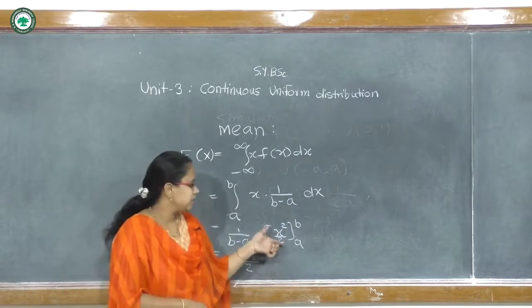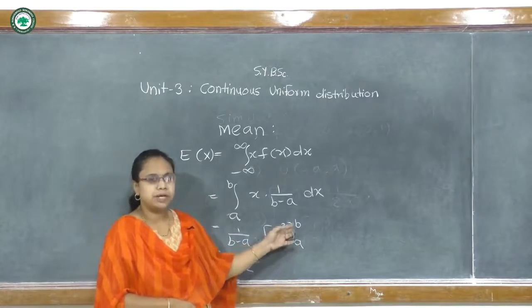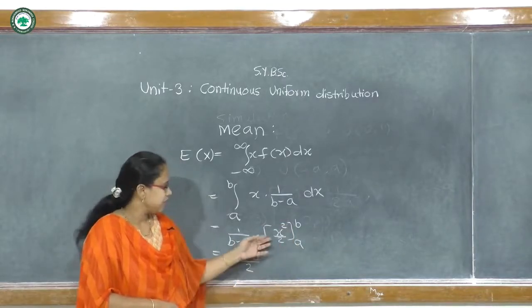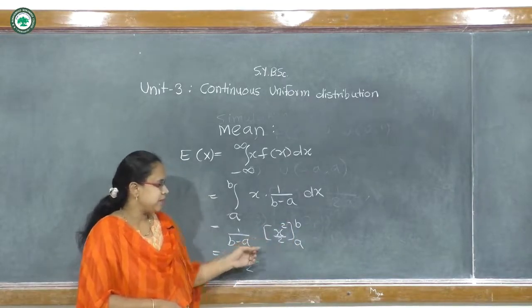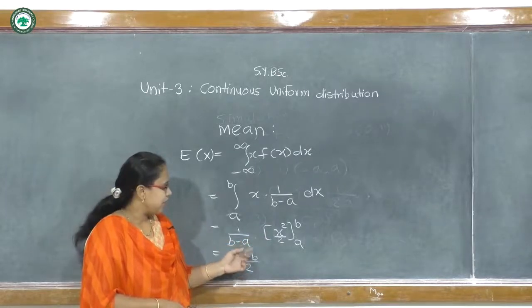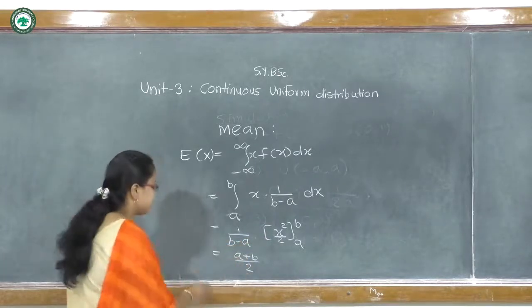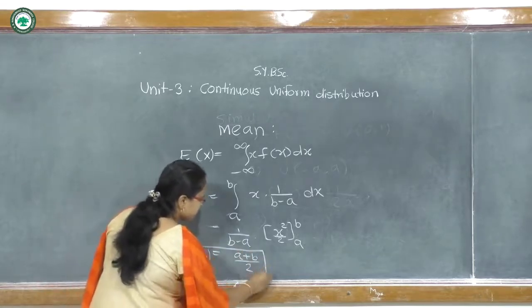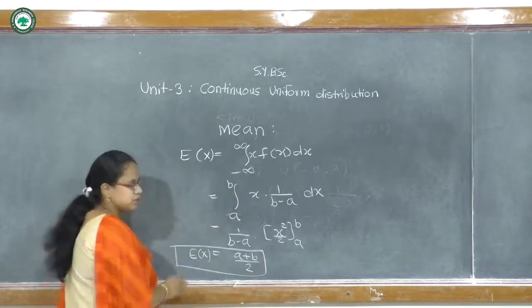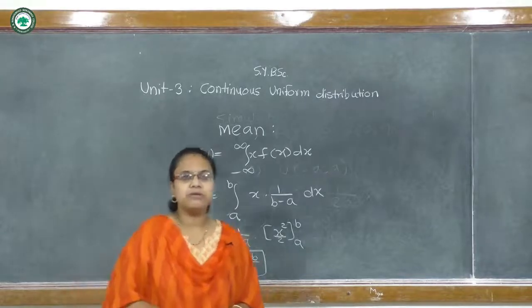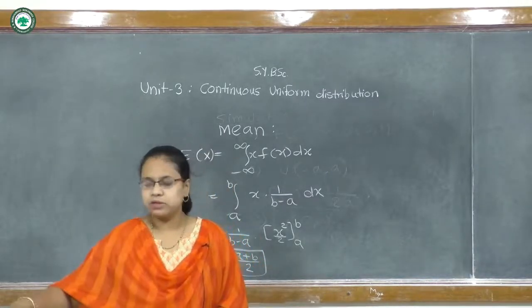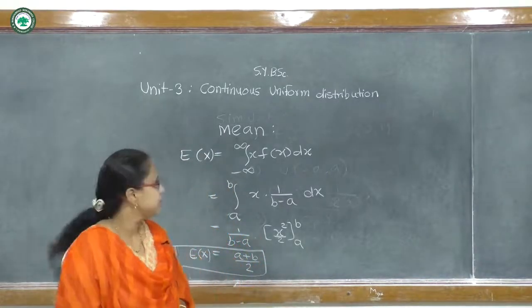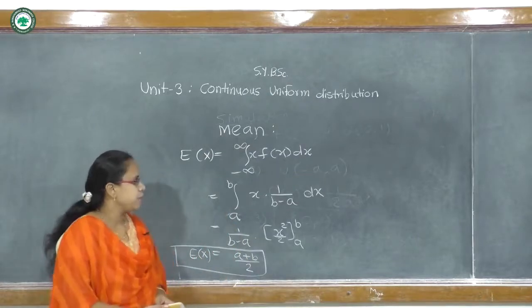After solving this by substituting upper limit and lower limit, we can cancel one term, that is b minus a, and we will get our answer. So this is the mean of the uniform distribution with parameters a, b.